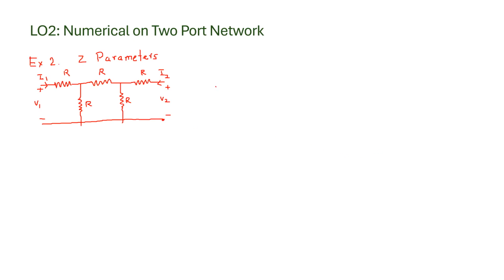Now first, I will try to bring this circuit into this form. Because if I can bring this circuit into this form, then I know that Z11 is this resistor, say R1, and this is say R2 and this is say R3.